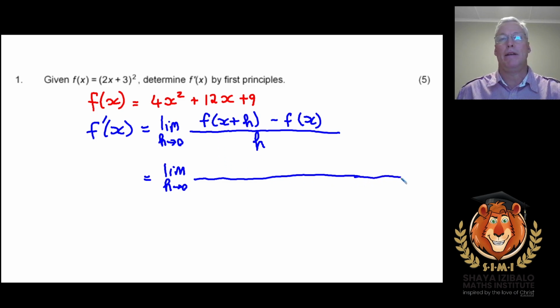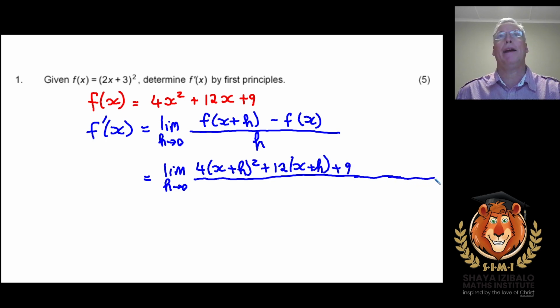Now we're going to need to put x plus h where all the x's are, so it's going to be 4 lots of x plus h all squared plus 12 lots of x plus h plus 9. Now we need to subtract f of x, and f of x is just 4x squared plus 12x plus 9.